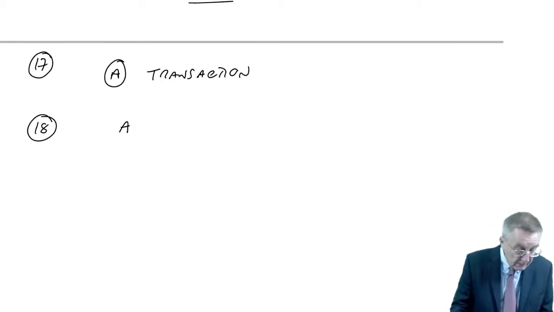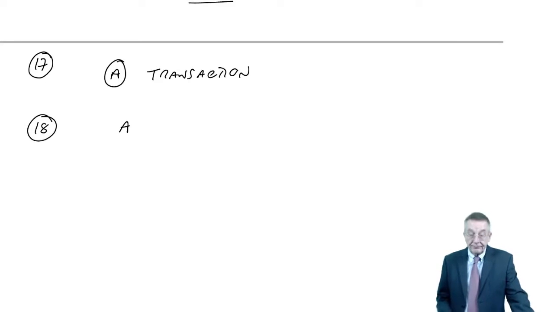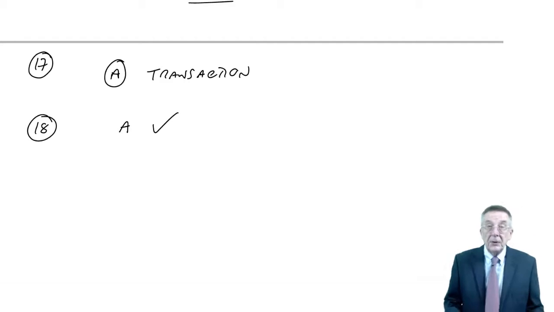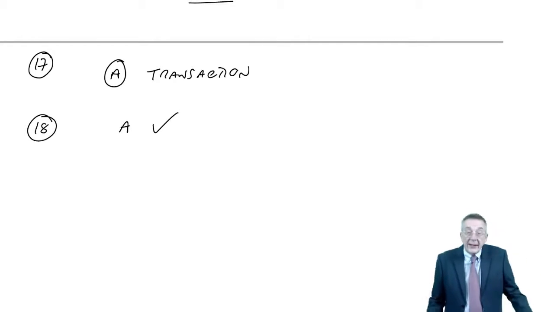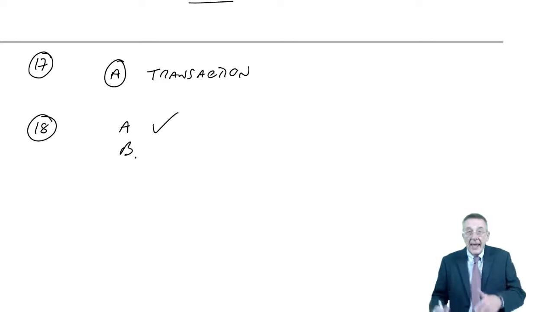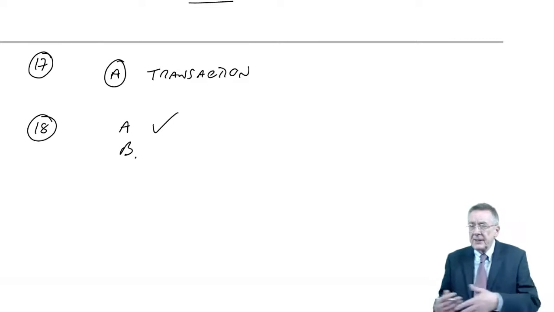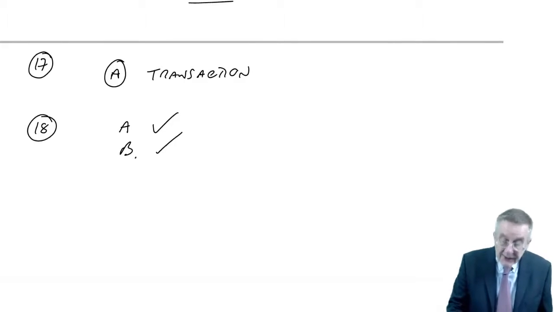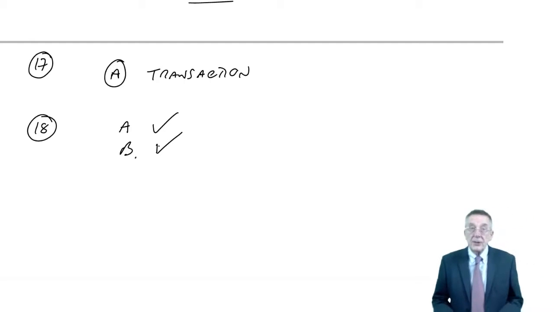A, a forward exchange contract. Well, that is suitable, and you can be asked numbers directly on that. B, a money market hedge. Again, borrow, convert, invest, or the other way around. That's the other standard one that can be calculations on.